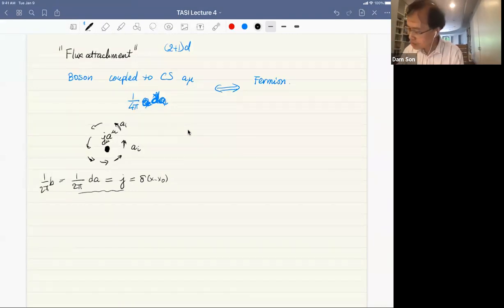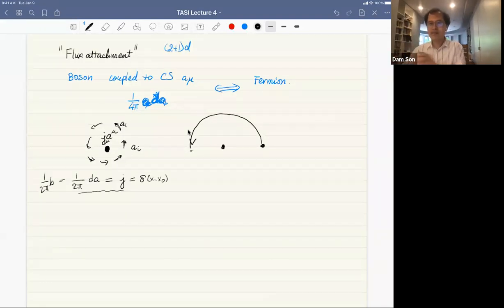So that means that if I take two particles, the adiabatic exchange of their positions leads to an Aharonov-Bohm phase. Why? Because exchanging two particles is equivalent to taking one particle in a half circle around the other one, and then translating the whole system by the distance between the two particles.